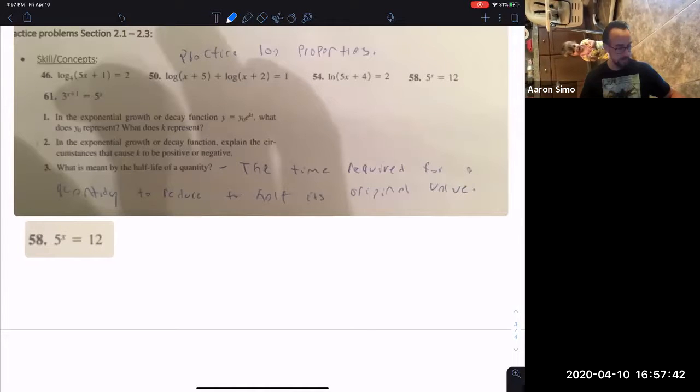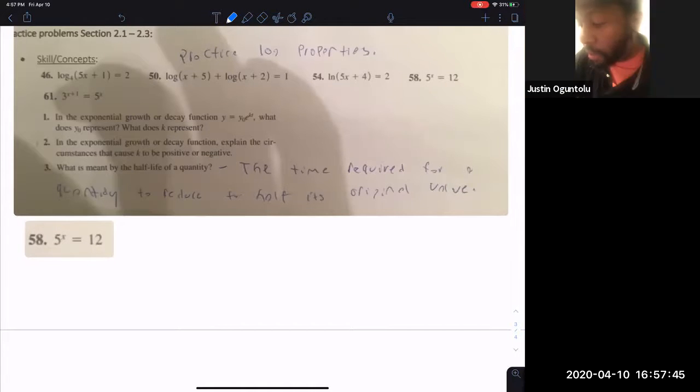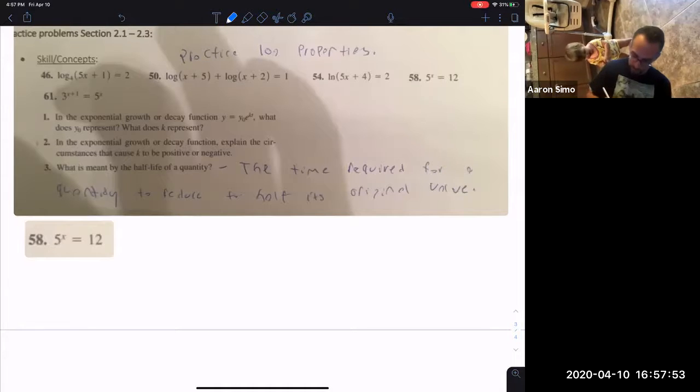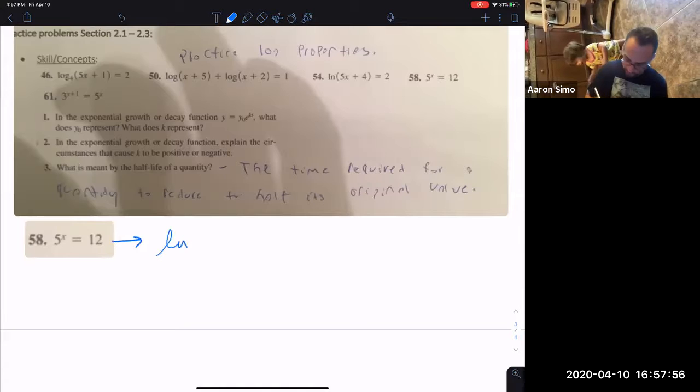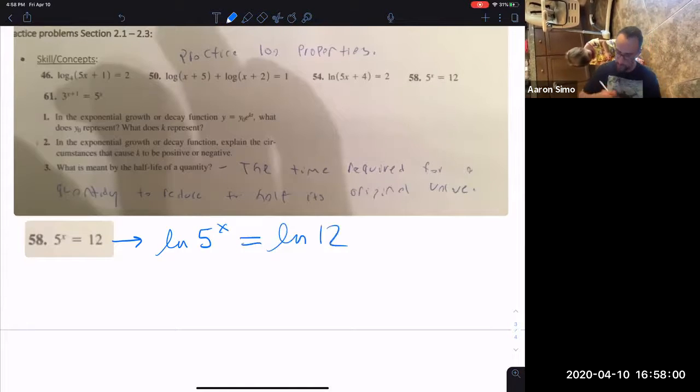I would take the ln of both sides, and so that would make it ln of 5 to the x equals ln of 12. Good. Now what?